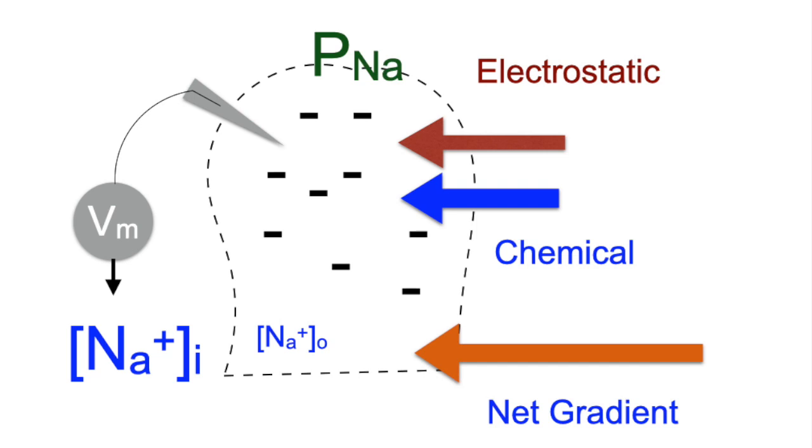That electrostatic potential is the same. That's the resting potential of the cell. So that potential, being negative inside, will tend to pull sodium into the cell. The concentration gradient will also tend to push or pull sodium ions into the cell. So both arrows point in the same direction, and the net gradient is quite enormous. It's bigger than the individual ones. They add up quite simply and algebraically to provide the net gradient.